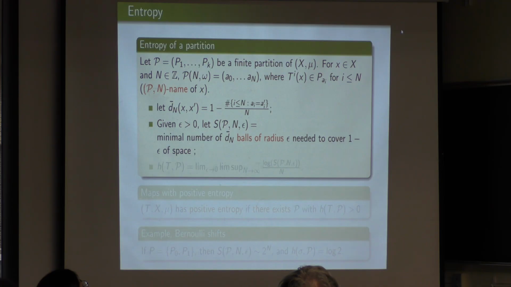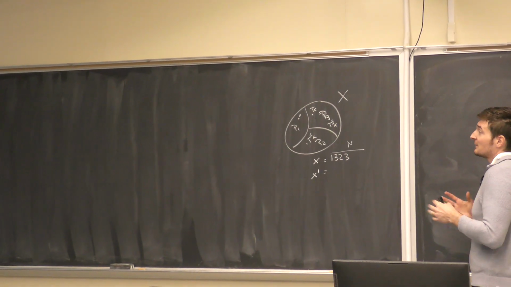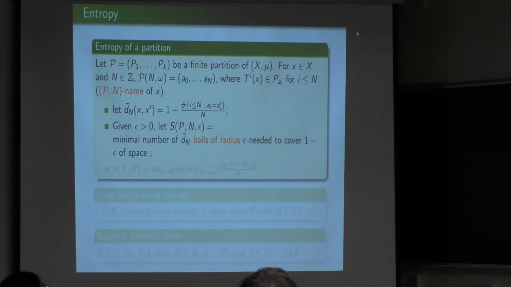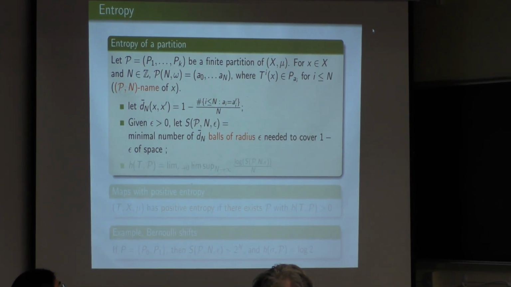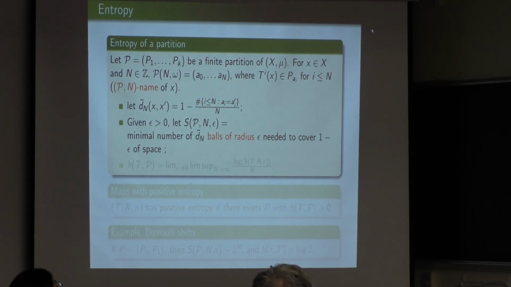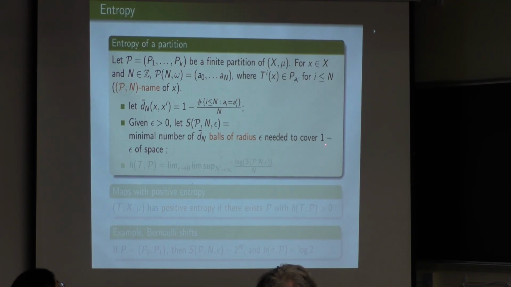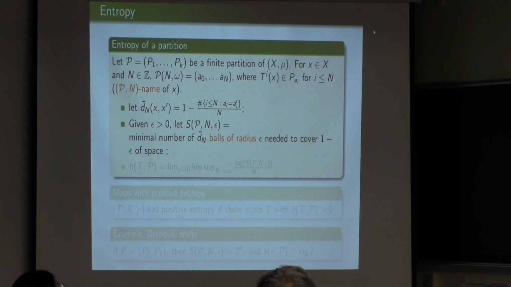So what you do is, you have your metric on the space that depends on n, and I give you an epsilon, and then you ask how many different codes do I see in my space? The measure enters just here. All the definitions don't see a measure so far. I don't want to cover the whole space.